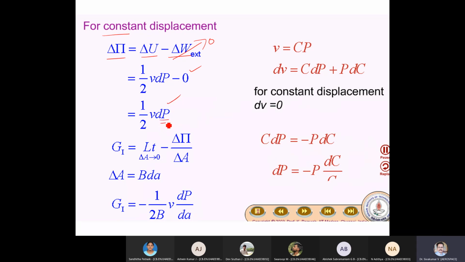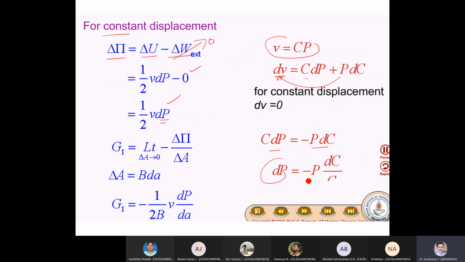So the dP I need to replace in terms of dC. So for that process, here actually, from here we are doing dV into, here nothing is 0. Here dV is 0, because why? That is 0. So I can get C dP equals minus P dC, because this I'm bringing here.